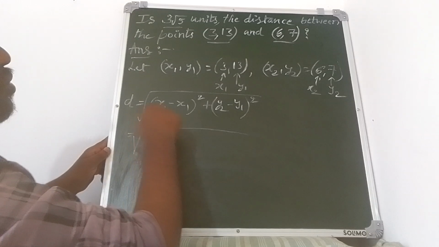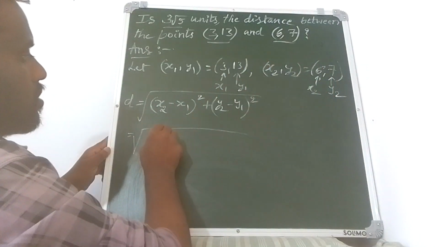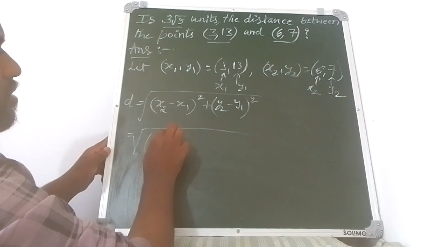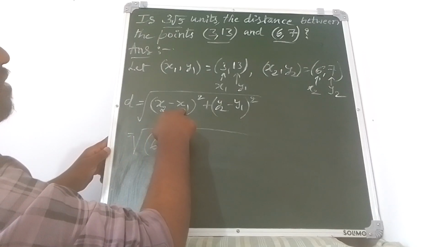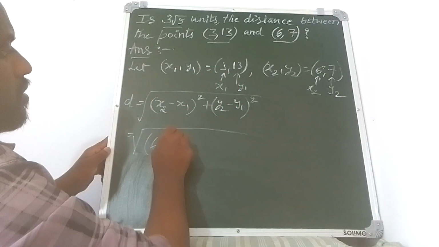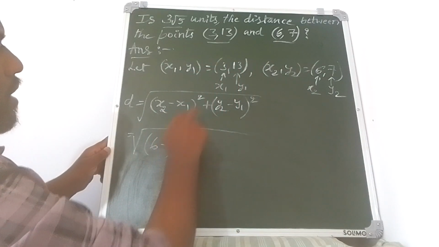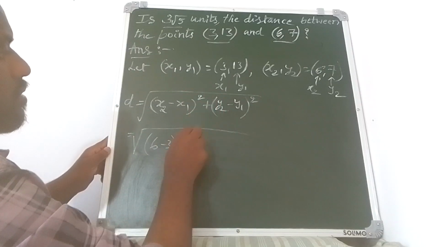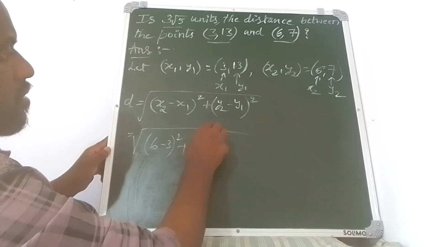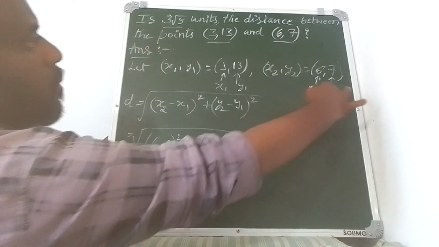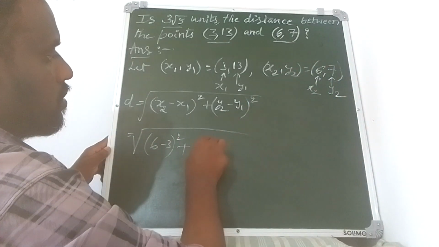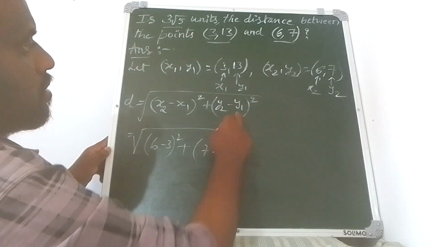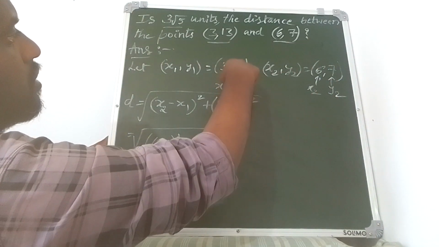In place of x2, 6. This minus is fixed. In place of x1, 3. Close the bracket, this square plus, next in place of y2, 7. This minus is fixed. In place of y1, 13.